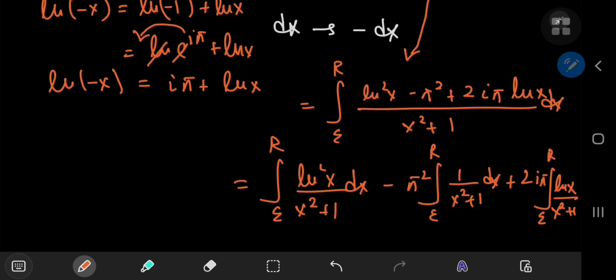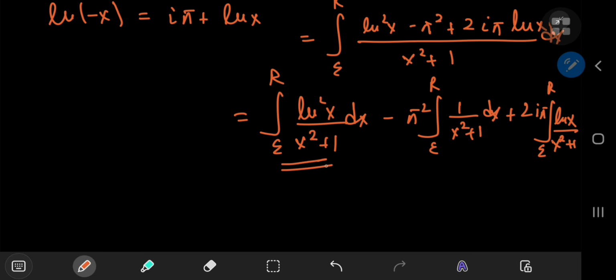So this integral is very similar to what we're after, and this is the other integral I wrote out at the start of the video.